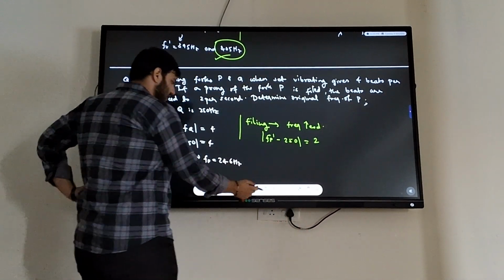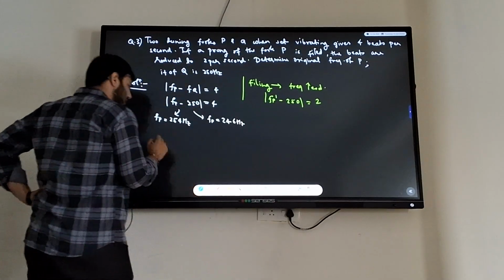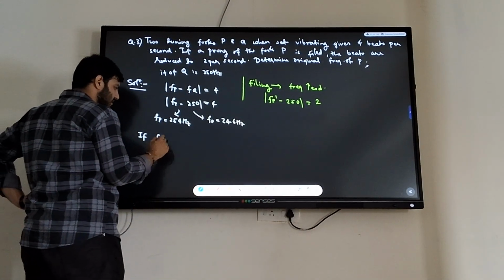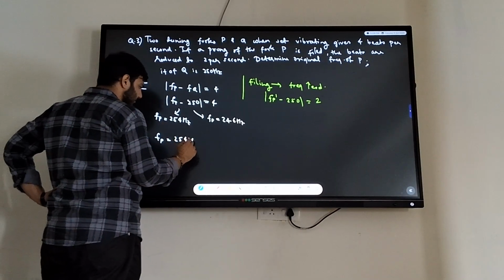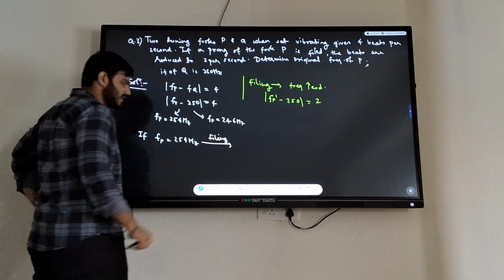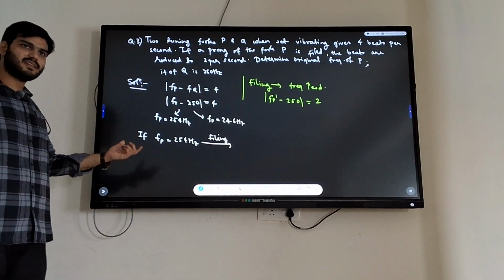Now let's see if filing actually increases, then let's take both the possibilities. If Fp is equal to 254 hertz, when you file it, then your frequency will only increase, right?